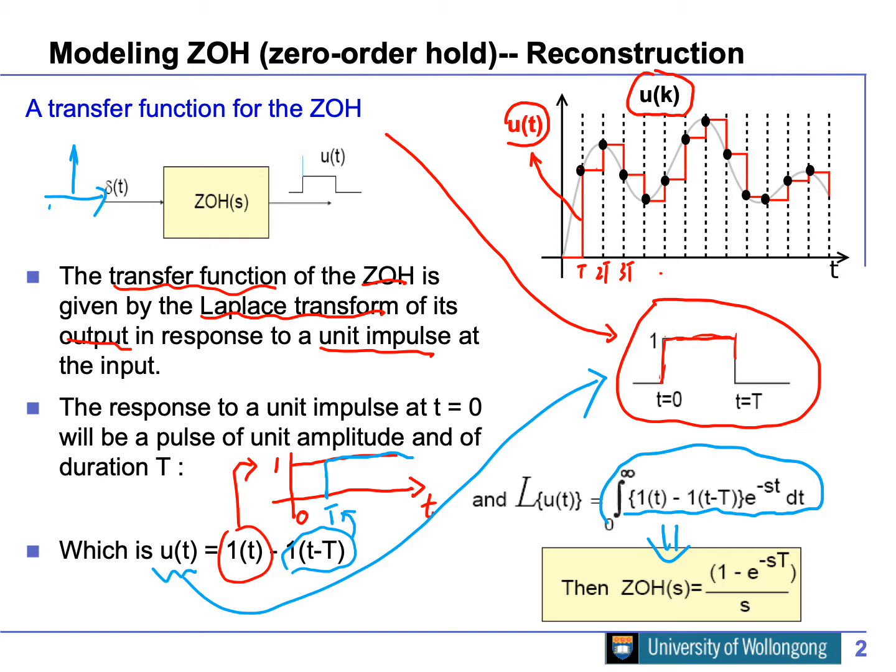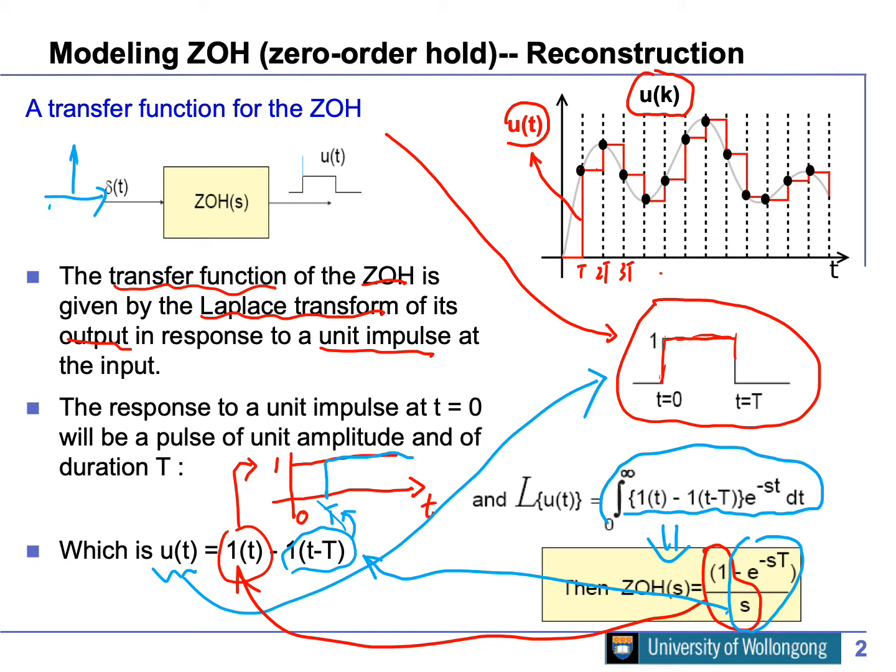It's easy to see that 1 over s is the Laplace transform of 1(t), and then e to the negative sT over s is the blue one.